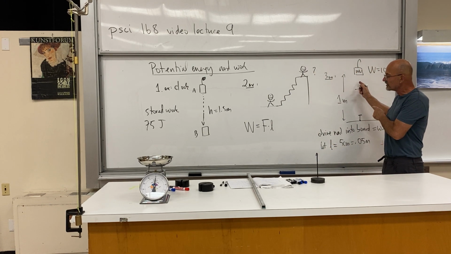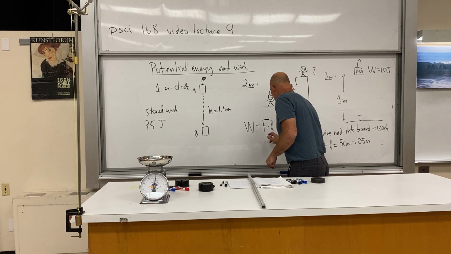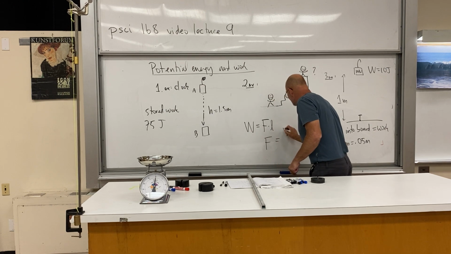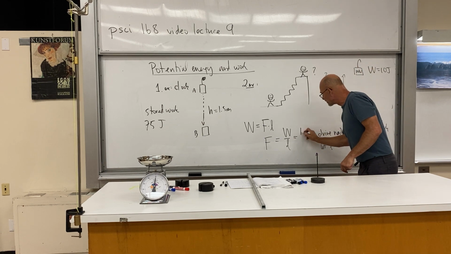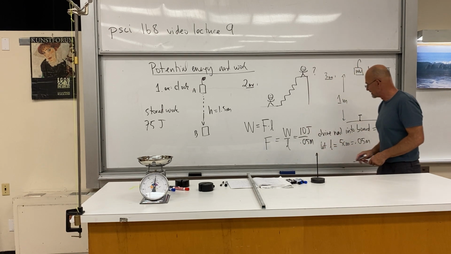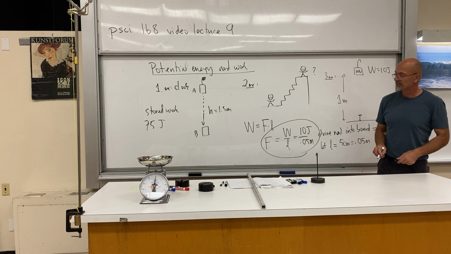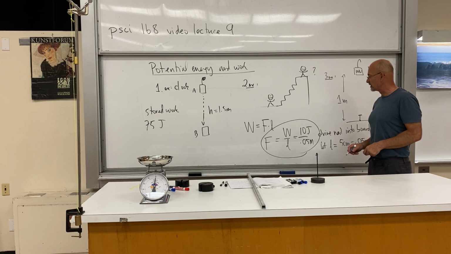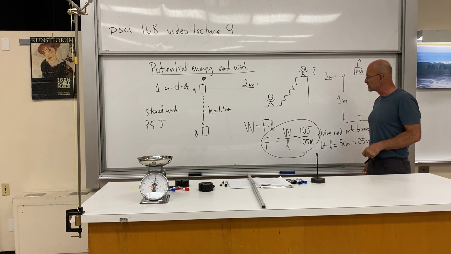And I'm going to use these numbers now. That means I have F equals W divided by L. And since we said that was 10 joules divided by 0.05 meters, how many newtons is that? I put it on the homework, but I'm going to do it for you. 10 divided by 0.05, that's like multiplying 10 by 20, okay? So that'll be 200 newtons.